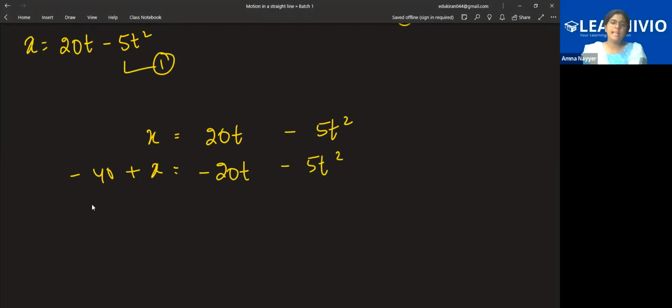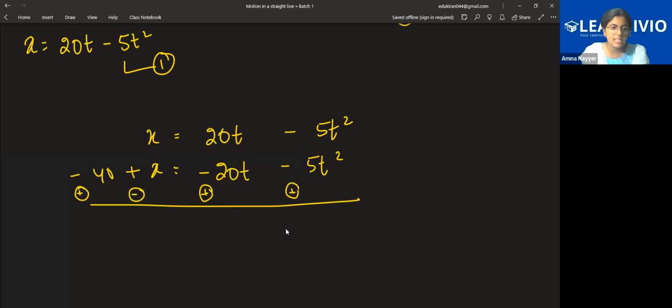Let's subtract this. So when we subtract, signs will change. This will become positive, this will become negative, this will become positive, this will become positive. So x minus x would be cancelled, and we'll have 40 is equal to 40t.